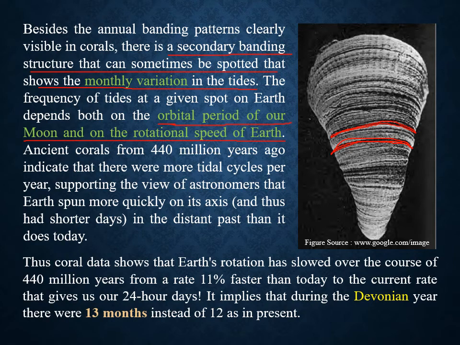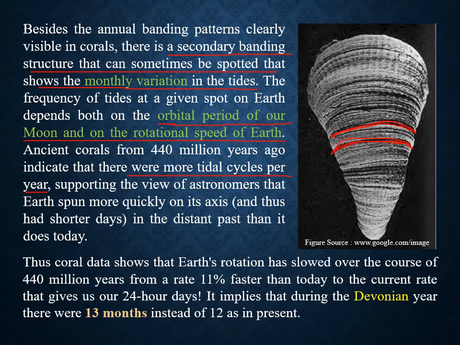Now, ancient corals at about 440 million years ago, that is during the time of Devonian, indicate that there were more tidal cycles per year. During present day, there are 30 tidal cycles, that means within a month, 30 tidal cycles are happening.